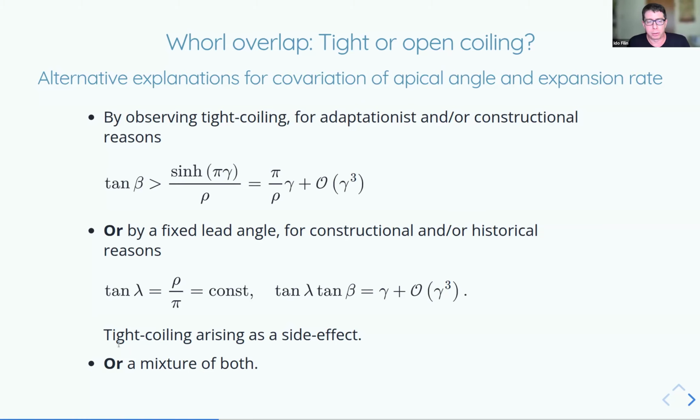But tight coiling can also be a side effect, and that is caused by a constant lead angle. If lead angle is constant, then this constant times apical semi-angle gives us the expansion rate. And again, we get covariation of expansion rate and apical semi-angle. And it could be a mixture of the two explanations.